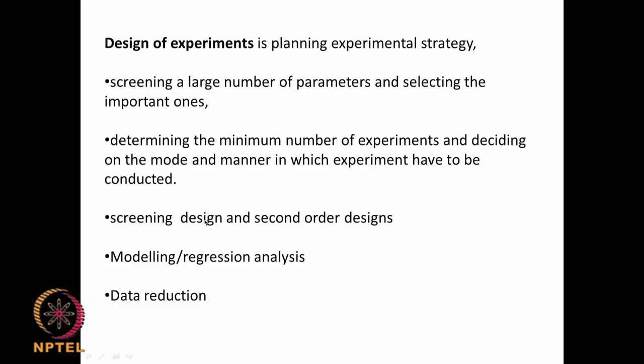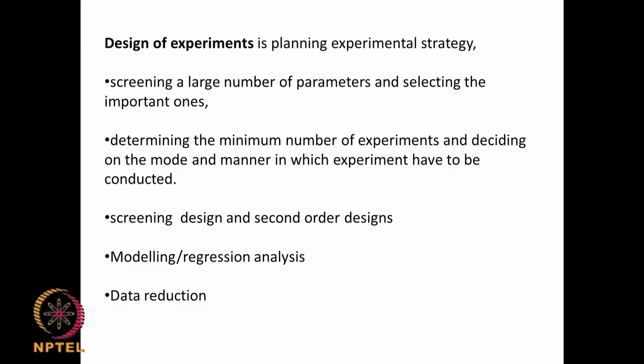Now, you can have 20 variables, but then you cannot do detailed experiments, so you do a minimum number of experiments; that is called a screening design, and from this you eliminate some of those variables which you think are of no use. Okay. Then take maybe 3 or 4 which are very important, and then you do a detailed design where you do second order designs. Okay. That is very useful.